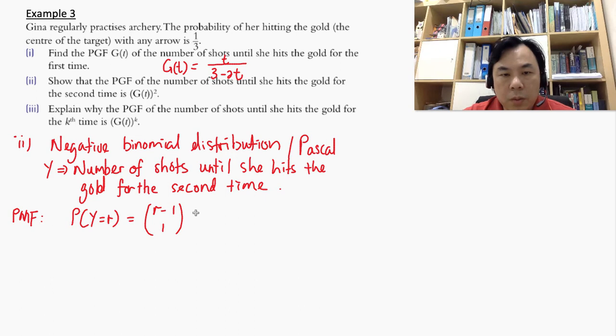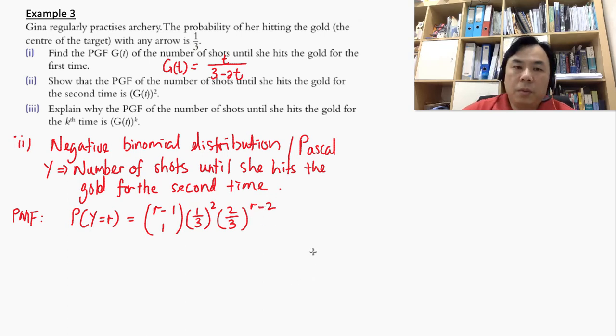So that will be 1/3. Now she managed to hit the goal for the second time, so this is where the second actually comes in. But she will have to fail for this number of times. So this will be the number of failures involved. You can see this explanation in a separate video in more detail.